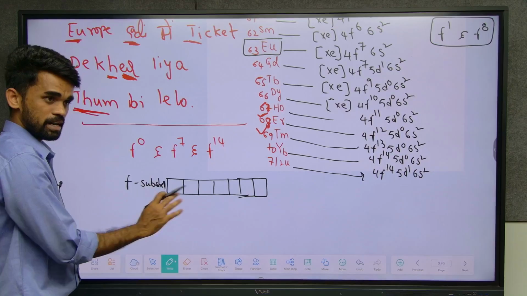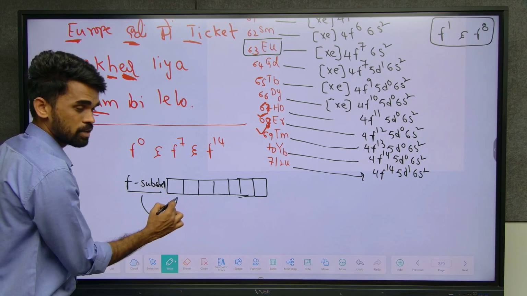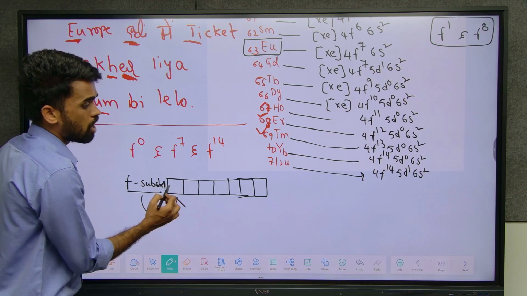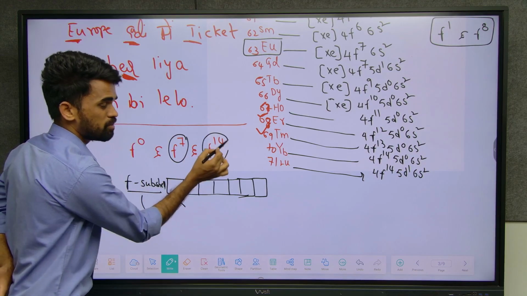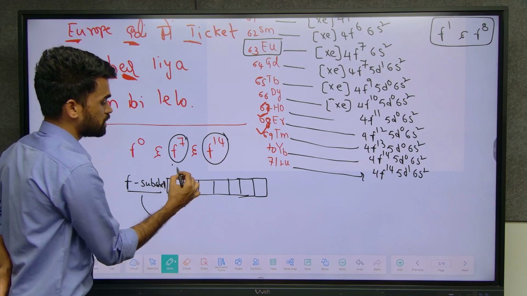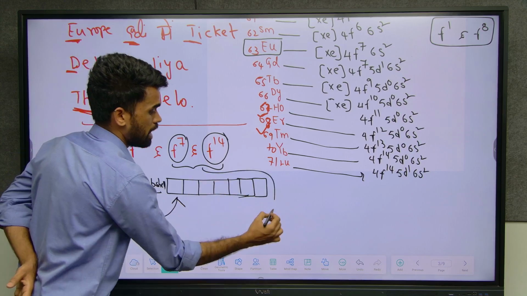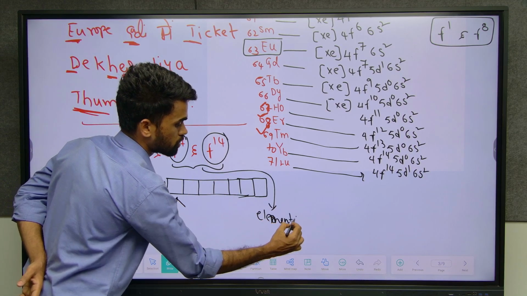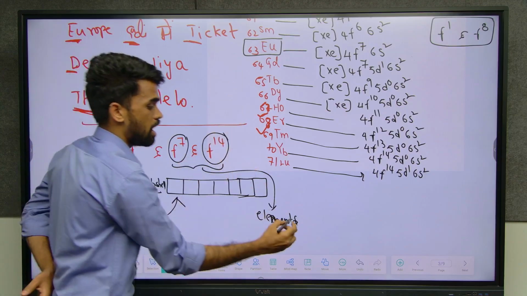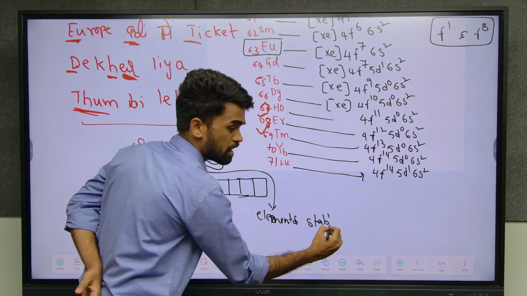Okay, 7 orbitals are there in the F subshell. Okay, so now what is a half filled configuration? 7. So F7, full filled means F14. So with this electronic configuration, elements or ions are stable. Yes or no?